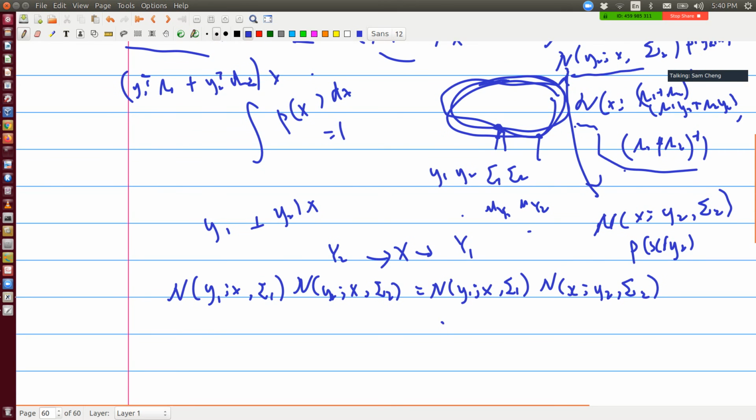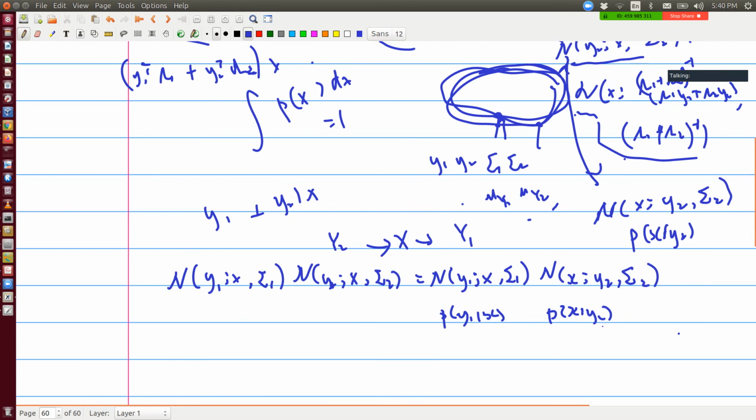This is p(y1 given x), and I only changed y2. And this is p(x given y2), where x is the variable and y2 is like some observation.